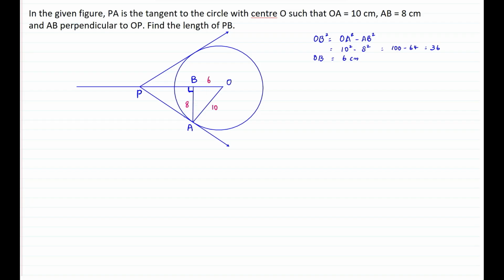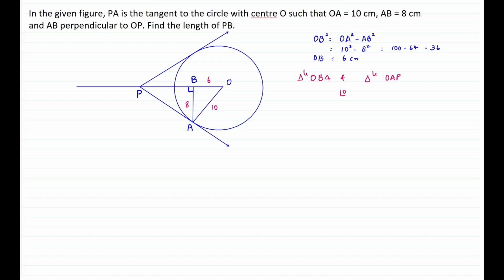So they are already similar. Now that they are similar, there is a specific way in which you have to write the order of the similarity. Let's see that. The two triangles we will take are triangle OBA and triangle OAP.